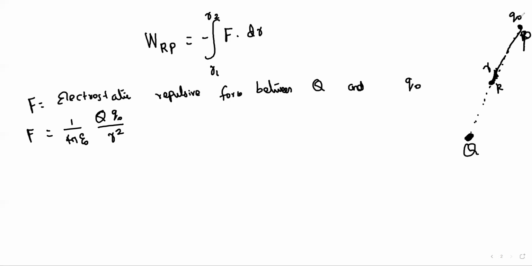So it pushes outwards. So if it wants to stay at P itself, it requires an energy. That energy is known as electrostatic potential energy. That energy is the potential energy of q0 at P. Am I correct?